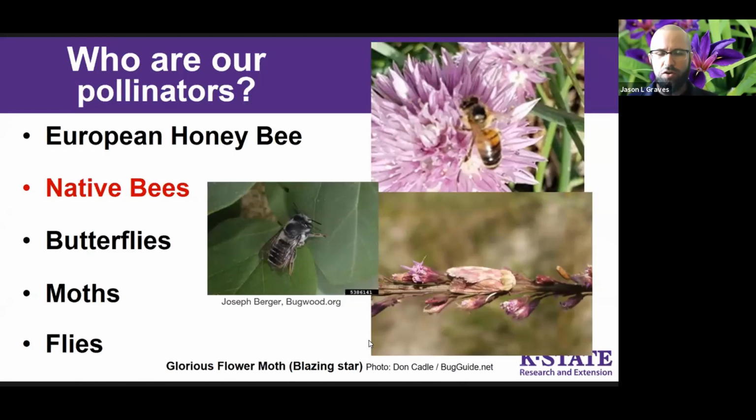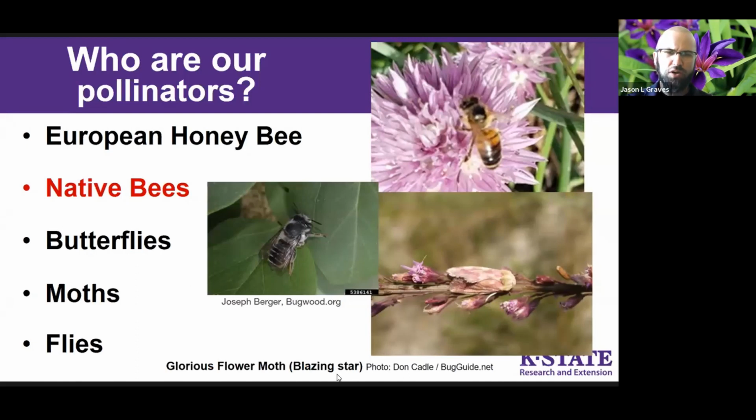There are other animals that do pollination services as well, but we zone in on these ones that are really important. And you'll notice I've highlighted the native bee line here because that's the one I find a lot of people are now learning about or more interested in as they embrace pollinator friendly habitat.